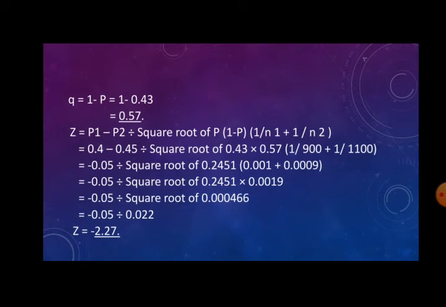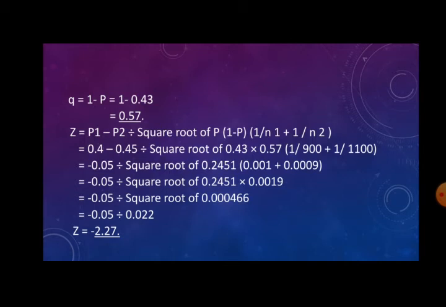Next, minus 0.05 divided by the square root of 0.2451 into 0.001 plus 0.0009, which will come up to 0.0019.